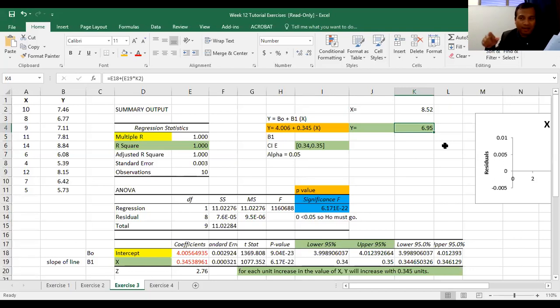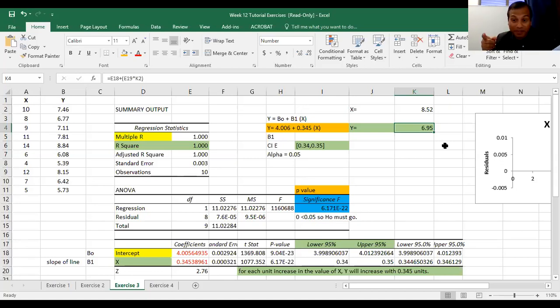Yeah, please. I heard some voice. Yeah, go ahead. Is alpha always 0.05, or do we just follow whatever is given in the sheet? For example, if it's 99%, then alpha is 0.01. You have to look at it. Fortunately or unfortunately, in all four examples I could see it's 95%, lower 95 or upper 95.